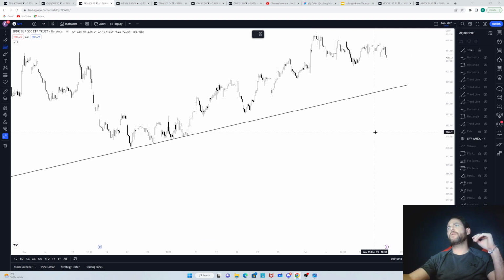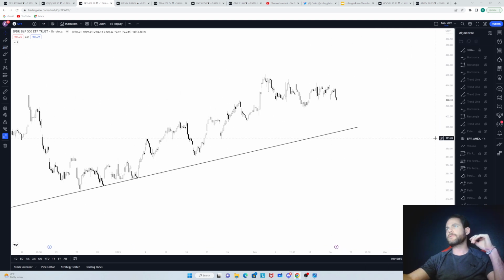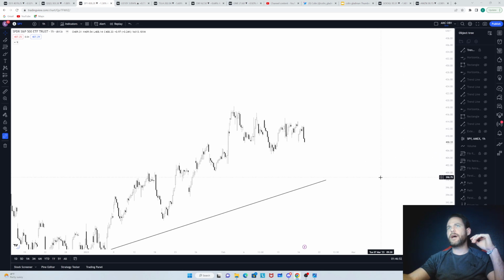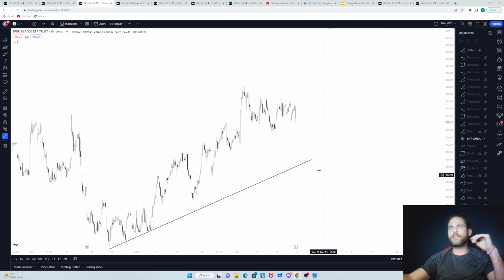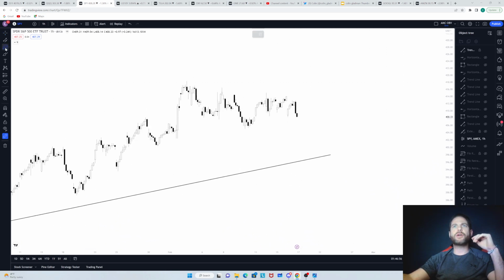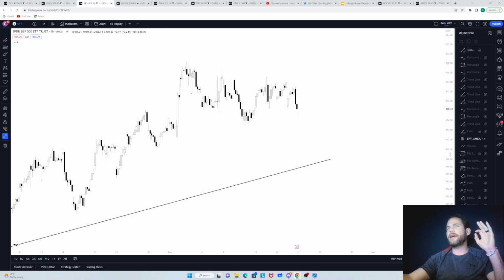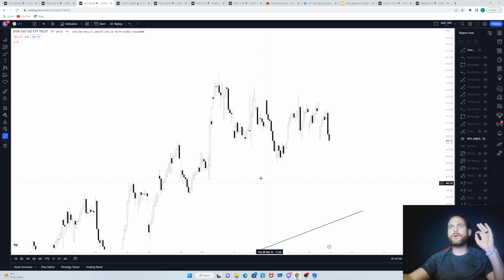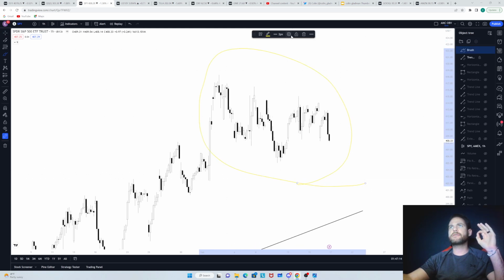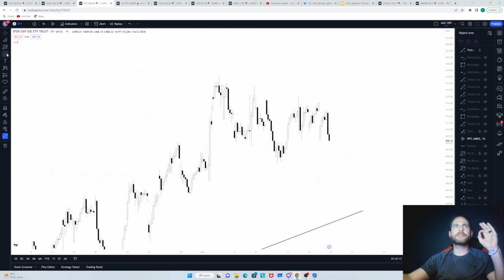When using your fib retracement, what you're looking for is you go from whatever range you're looking at. So let's say I was looking at this range right here. If I zoom in, what you're trying to capture is your swing low to your swing high.